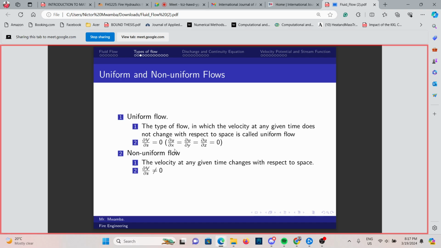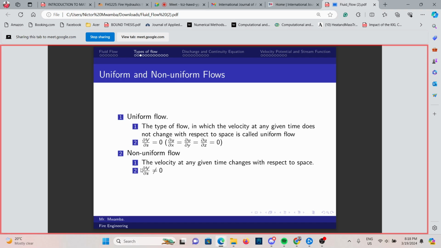Flows that do not change with respect to space are called uniform flows. But when they change with respect to space, like the flow of water from the pipe to the nozzle, where there's a change in velocity, it accelerates actually, such flows are known as non-uniform flows.